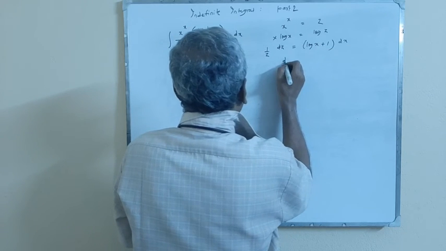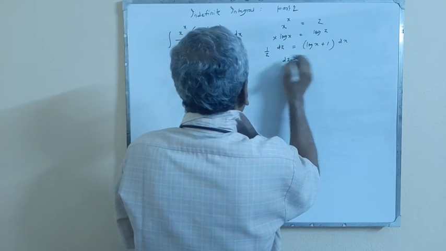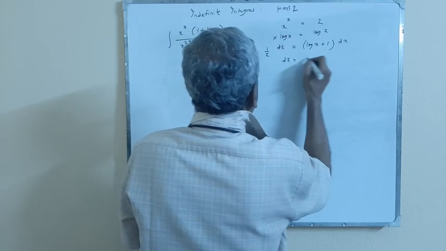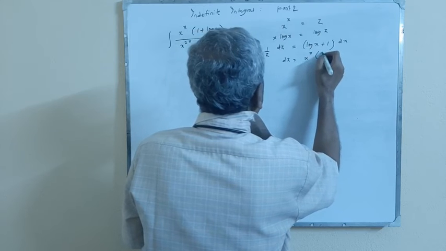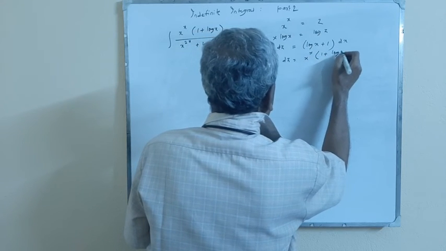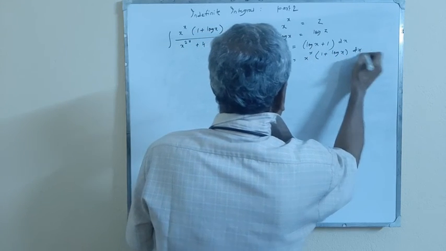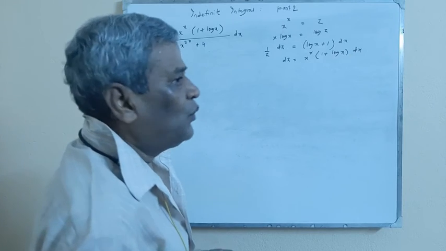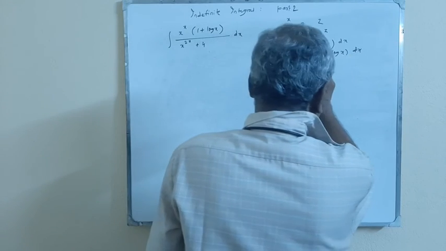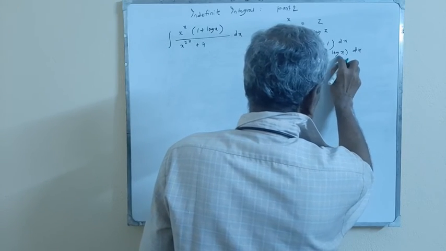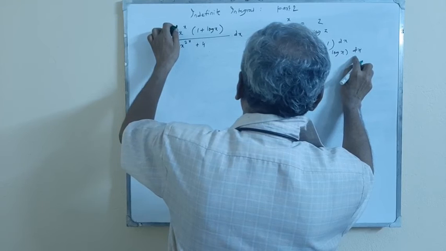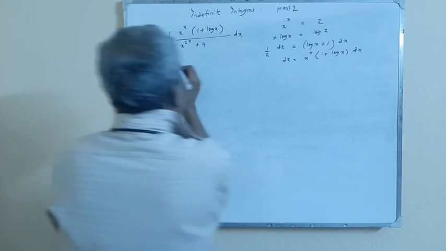So that dz is equal to z into that. Z means x to the power x, 1 plus log x dx. So you see we get x to the power x into 1 plus log x dx is dz. So this is dz by.